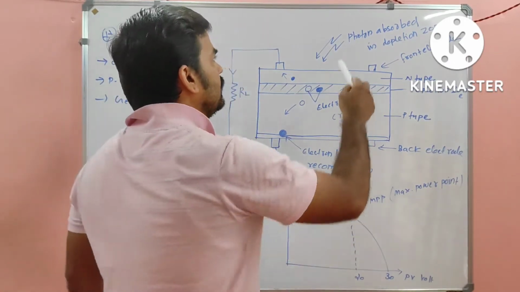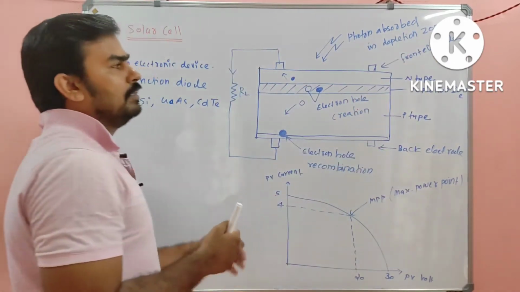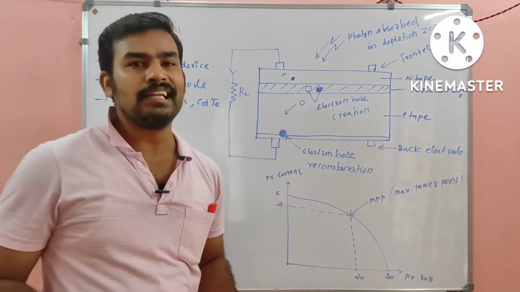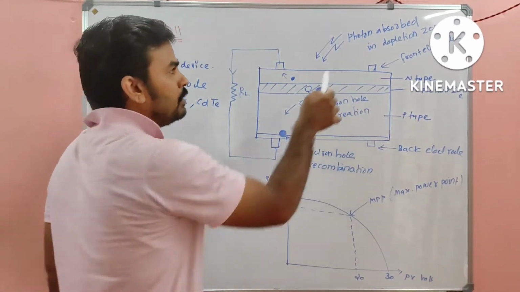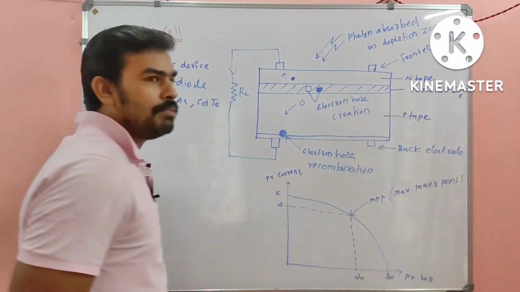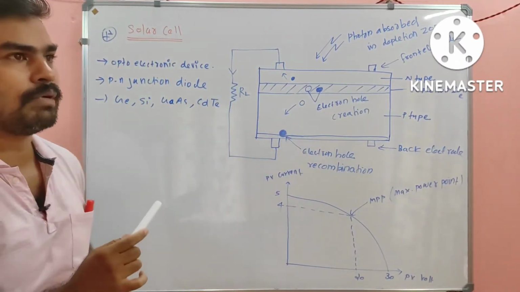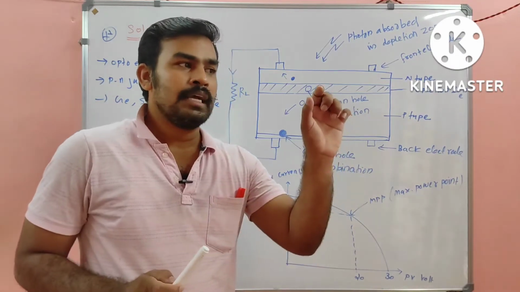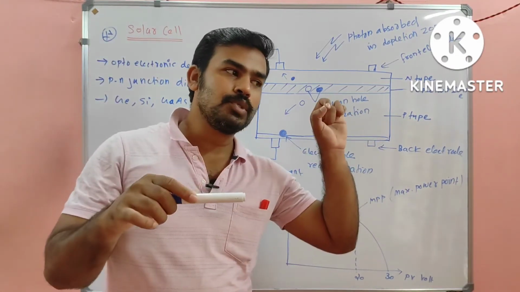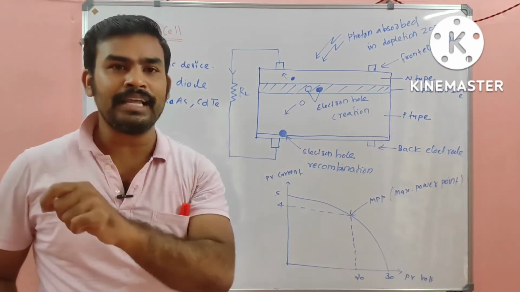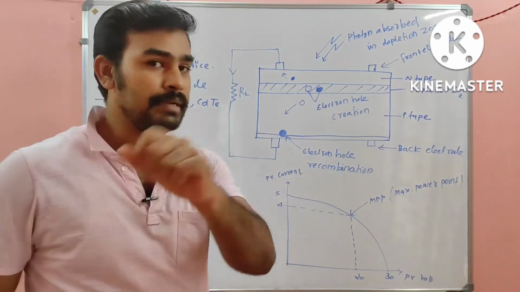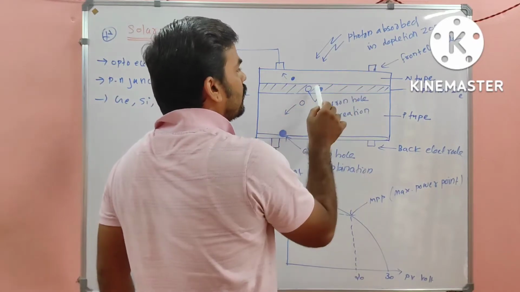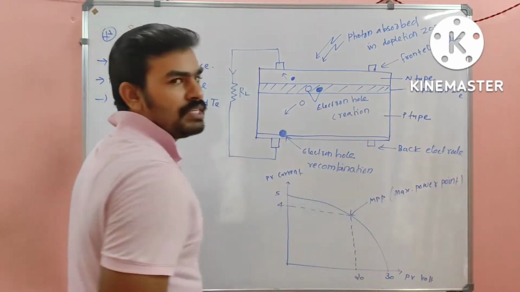If the photon is absorbed, has sufficient energy, and strikes the depletion region, and you have to note one important thing here, the photons strike on the depletion region, not on the N region, not on the P region, but on the depletion region.